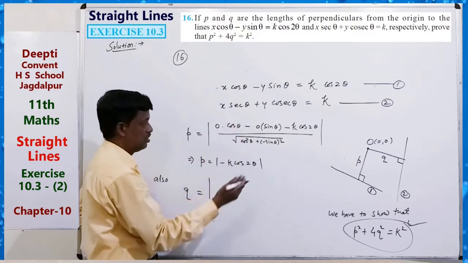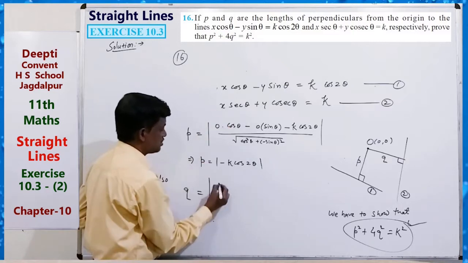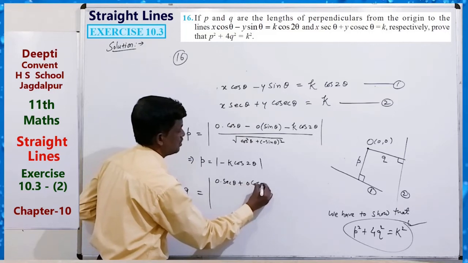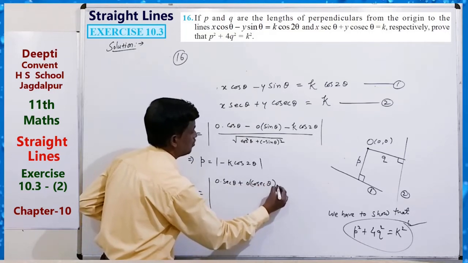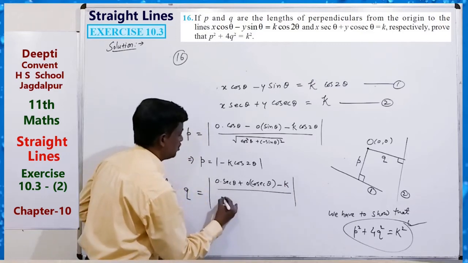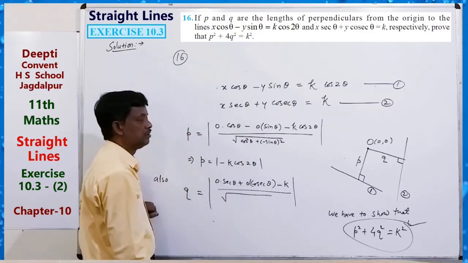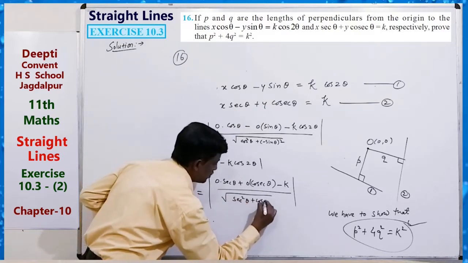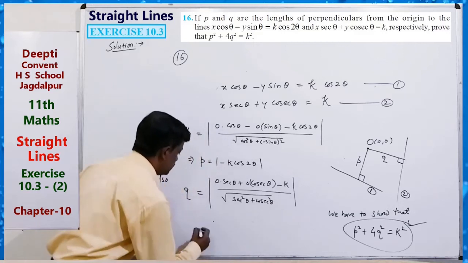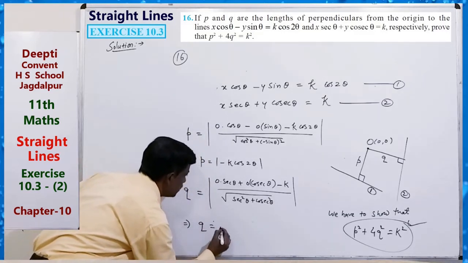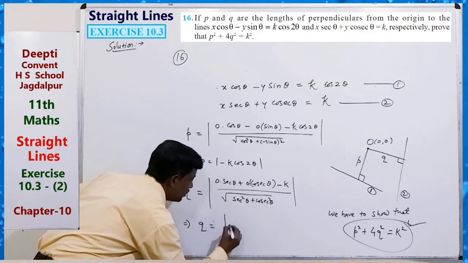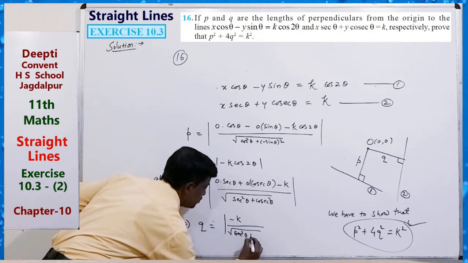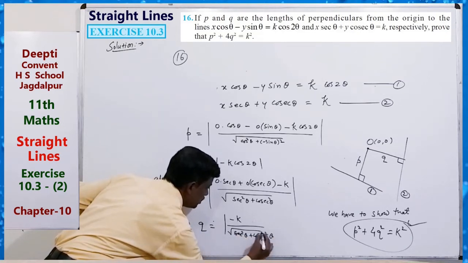Q equals formula: x0 into sec theta plus 0 into cosec theta minus K, upon modulus of root of sec square theta plus cosec square theta. So this implies Q equals minus K upon root over sec square theta plus cosec square theta.